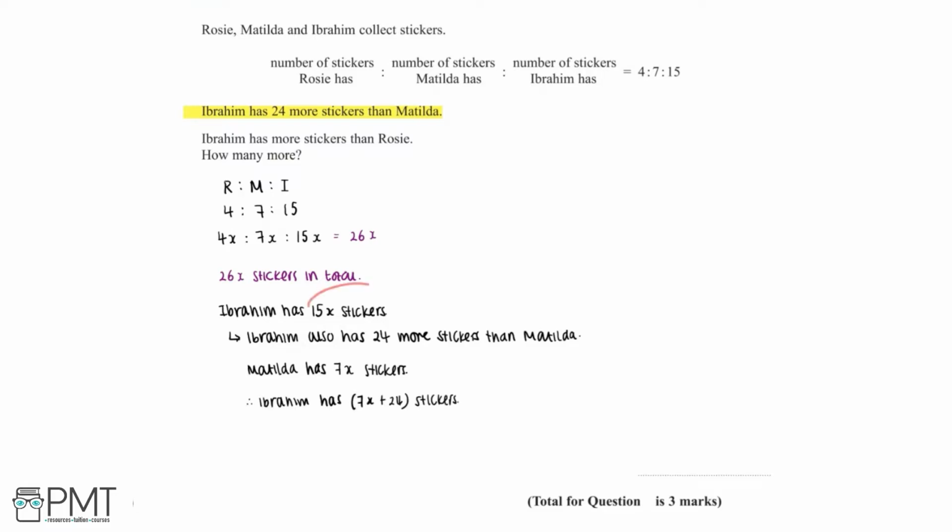We know that he has 15x stickers, and we also know that he has 7x plus 24 stickers. Now 15x and 7x plus 24 refer to the same number, and so we can say that 15x is equal to 7x plus 24. Because both of these expressions represent the same number, we can use our new expression in order to find the value of x.